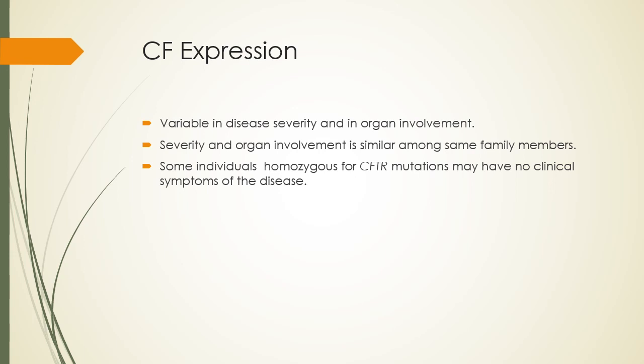So the point is that the expression of cystic fibrosis is very wide, and because of the multitude of mutations that affect the CFTR gene, the severity and onset of disease may vary wildly.